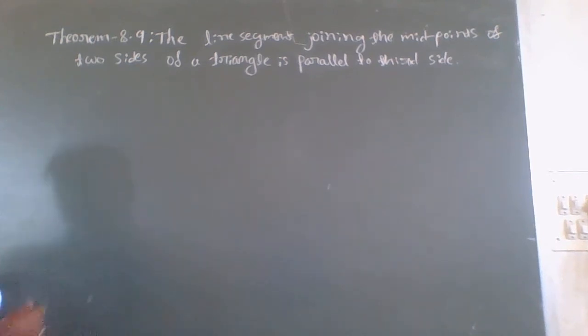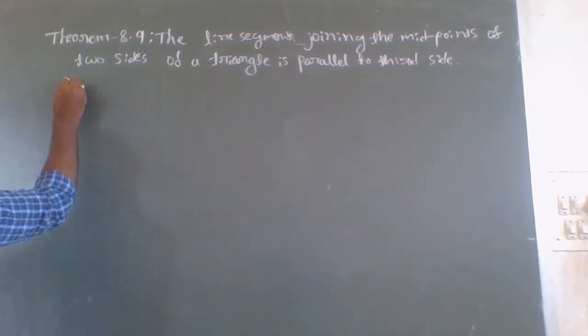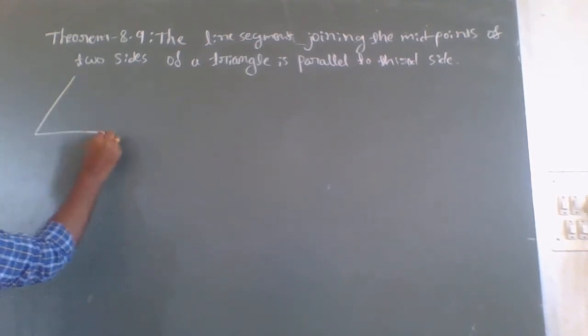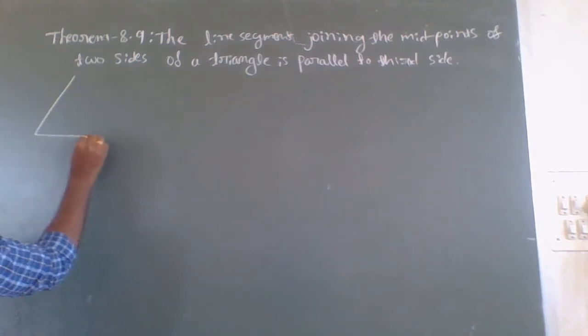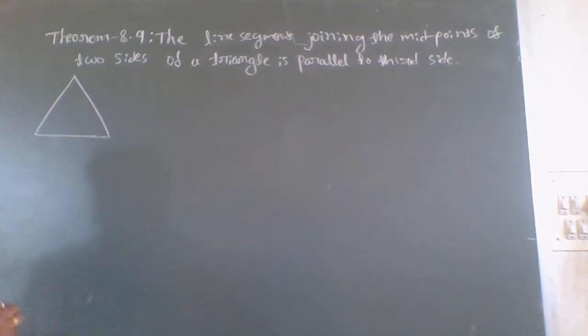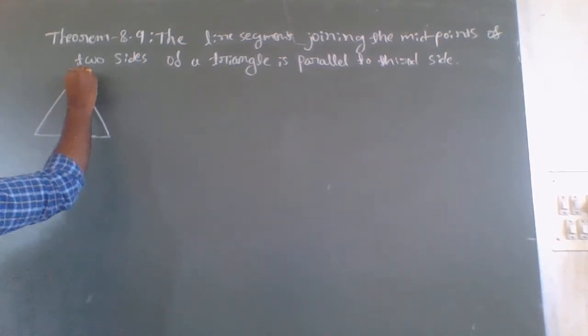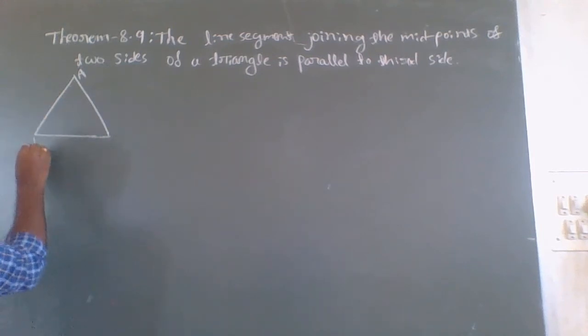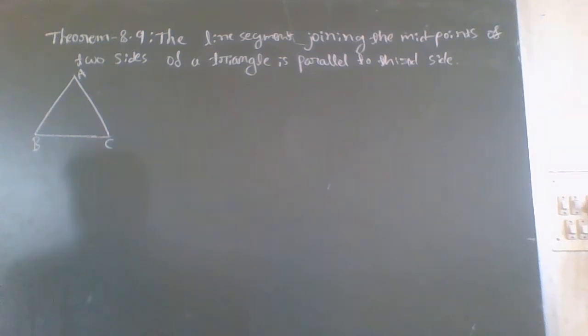So here I will consider this diagram. Triangle ABC, and here in this triangle the line segment joining the midpoints of two sides.